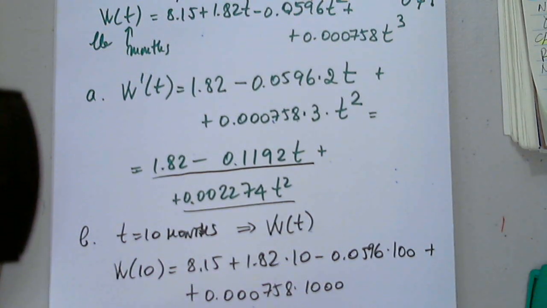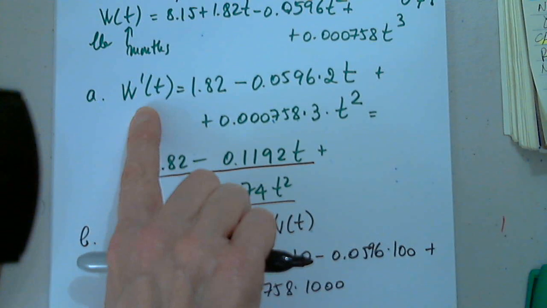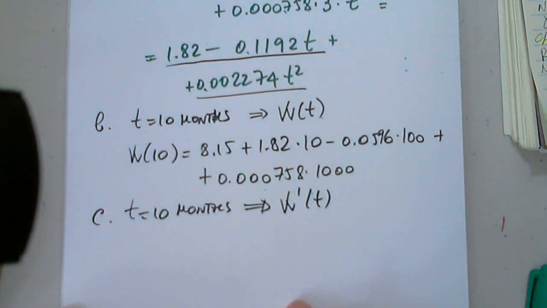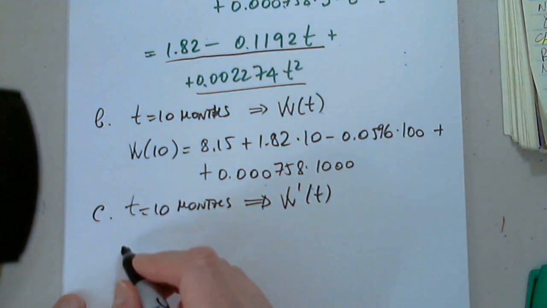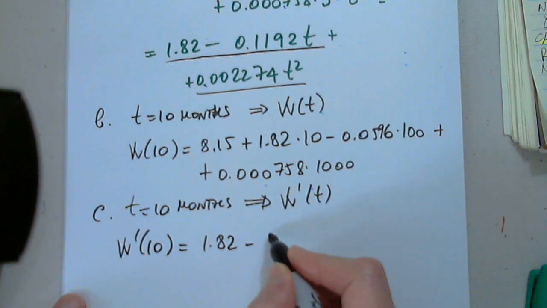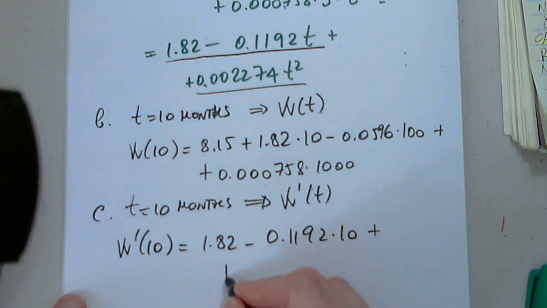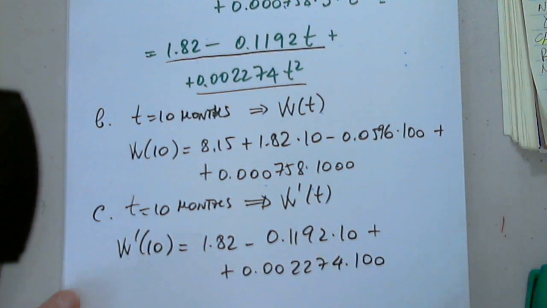Correct. In which function do I plug it in? The second function, which equals W prime of T. Yes. So this time we're asked to use W prime because this is the rate of change. This will give us the instantaneous rate of change. So W prime of T will be 1.82 minus 0.1192 times 10 plus 0.002274 times 100.